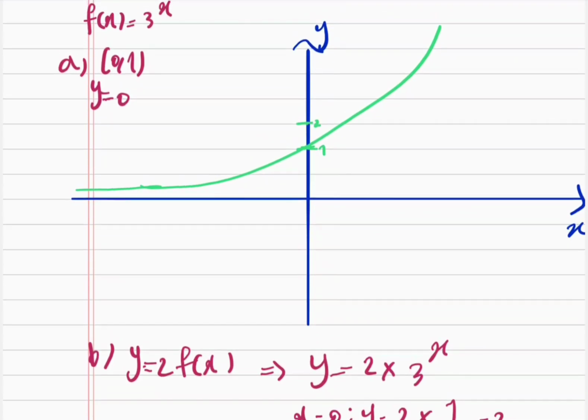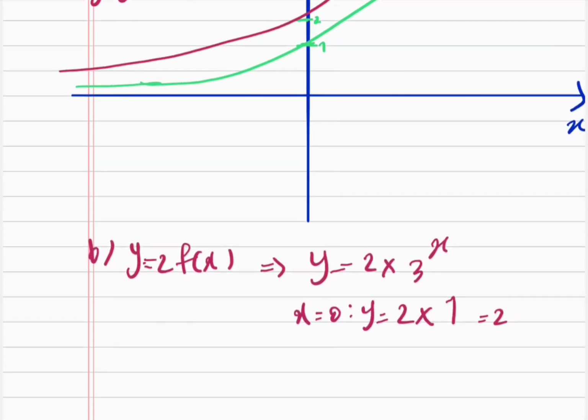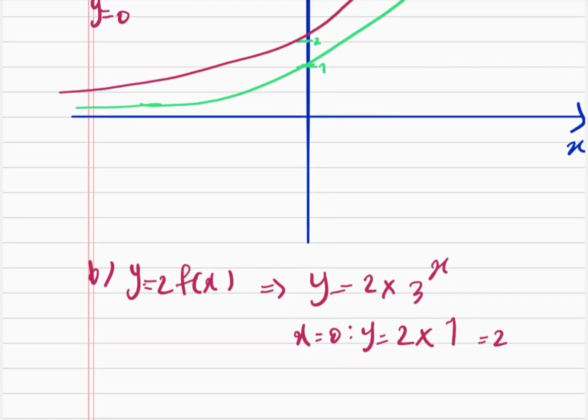And then the rest is basically going to be the same. So when we sketch, the general form is going to look like this, because this is an exponential curve. This is basically how it looks. So again, the asymptote is y is equal to 0 in this case as well, because it's just going to tend to 0.